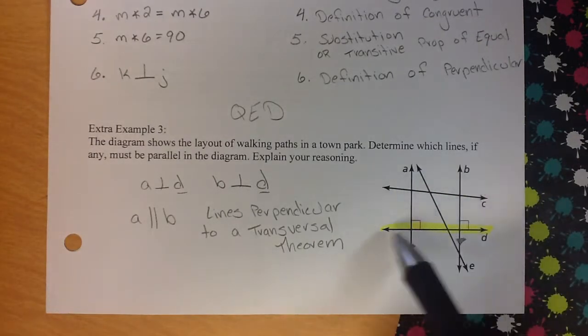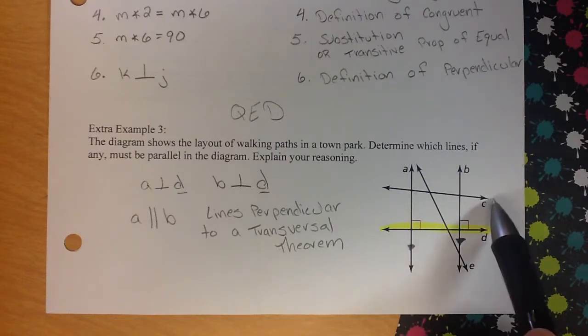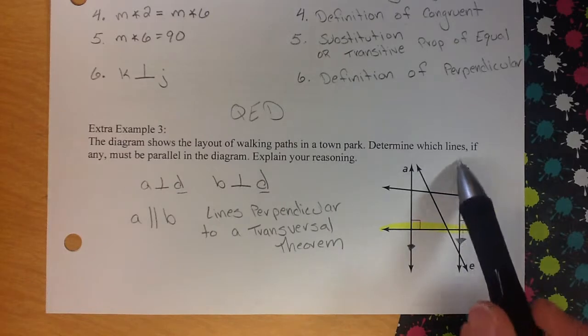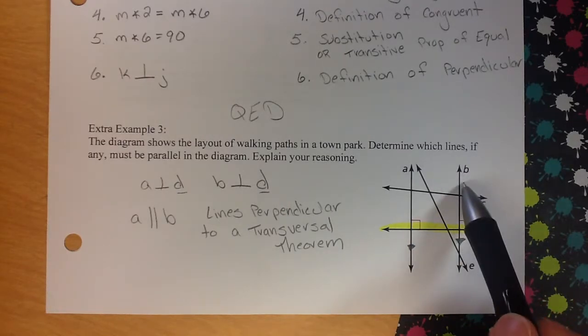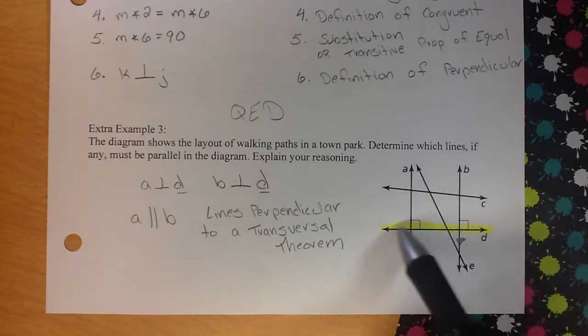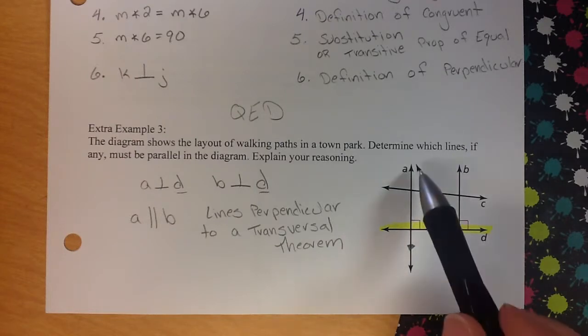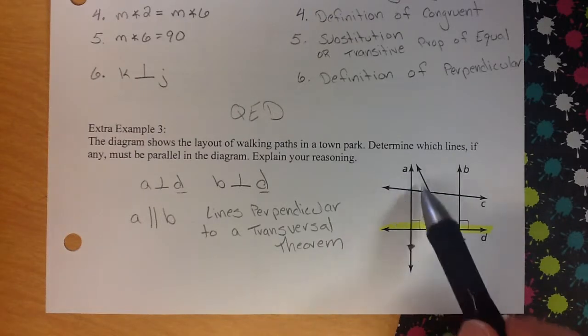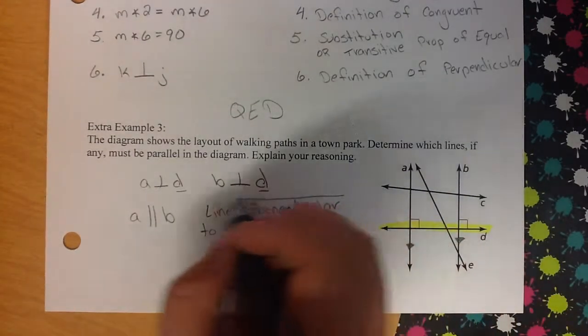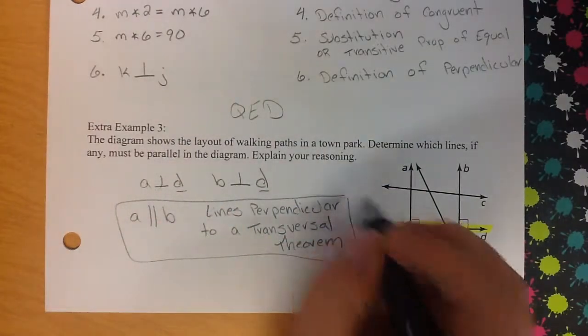What about C and D? Do we know C and D are parallel? There's a transversal here, but I don't know anything about those angles, so that might be it. A is parallel to B because of the lines perpendicular to a transversal theorem.